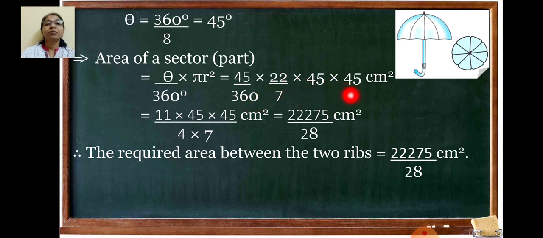Then further simplify this, and you will get 22,275 divided by 28 centimeter square. Therefore, the required area between the two consecutive ribs is 22,275 divided by 28 centimeter square.